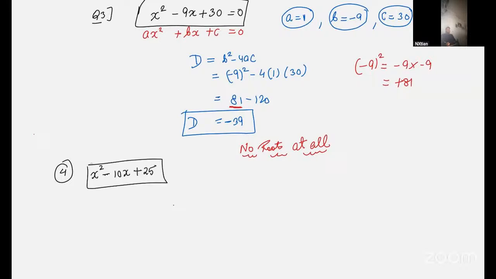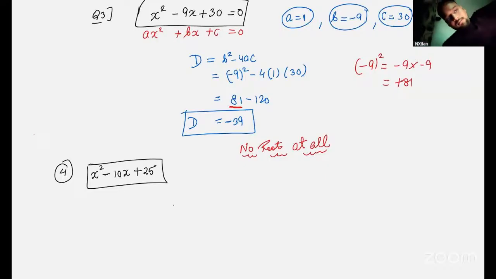Now tell me what is the value of D in this. No, don't tell me the D. Just find the nature of the root. Reena, turn on your camera, please, beta. And tell me the value of D. Yes, Reena.